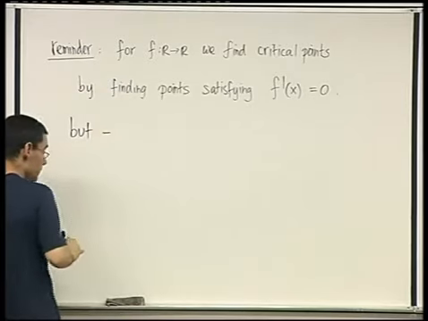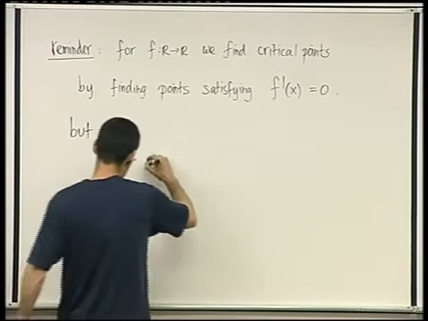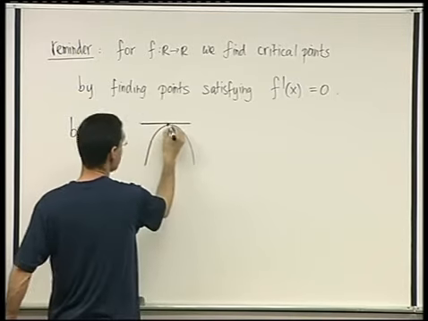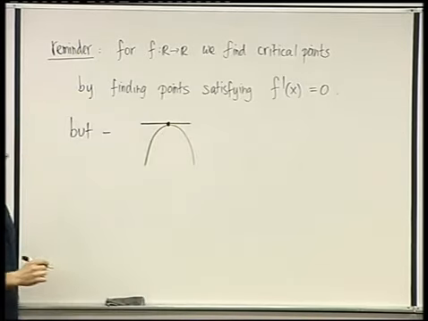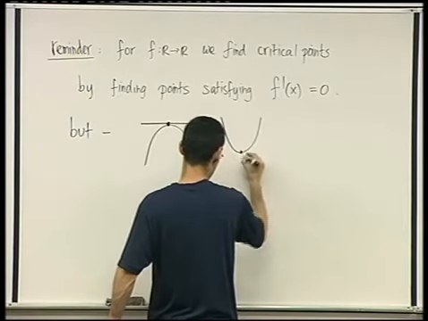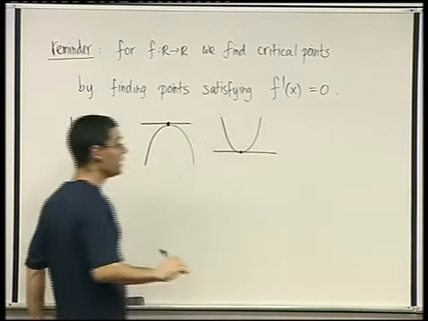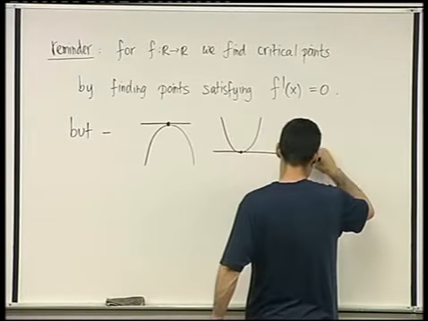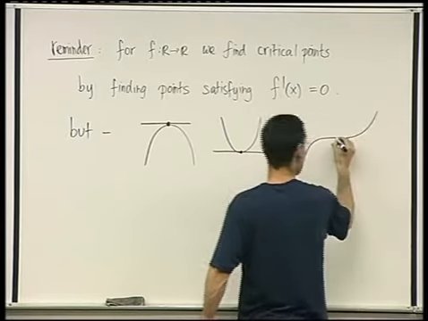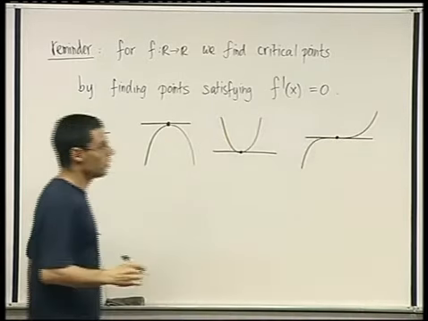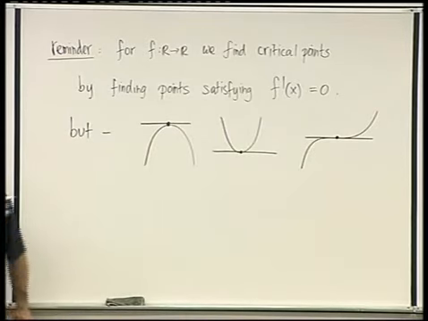But sometimes we find points like this. These are the points we're actually looking for, where the derivative is 0 because it's indeed a maximum. Sometimes we find points like this, where the derivative is 0 because it's indeed a minimum. But sometimes we find points like this, where the derivative is 0, but it's clearly not a minimum or a maximum. Right? That's why I said shoulder.